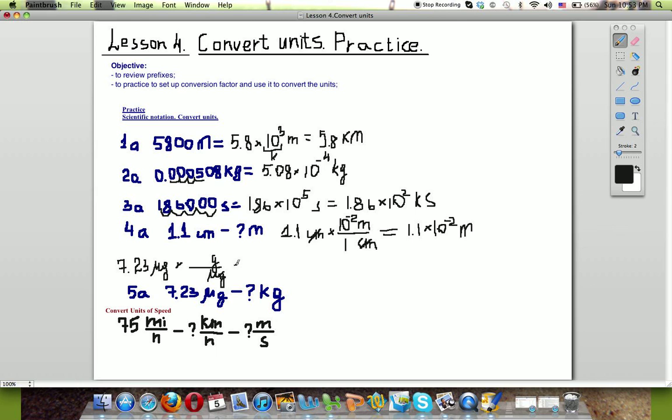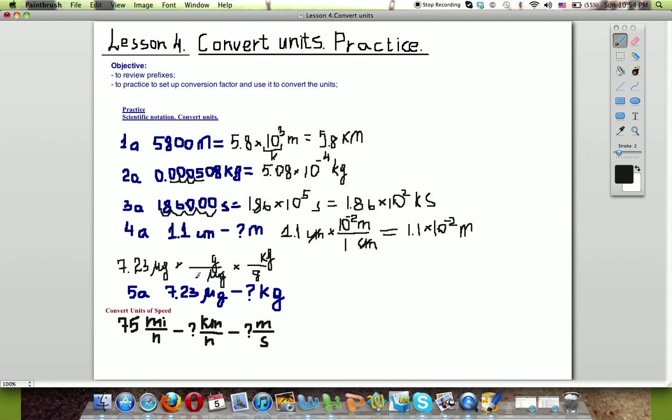But it's not my answer yet, so I'm going to put another conversion factor which will help me change from grams to kilograms. And that's what I want in my answer. So you can see micrograms cancelled out, grams cancelled out. My answer is kilogram.